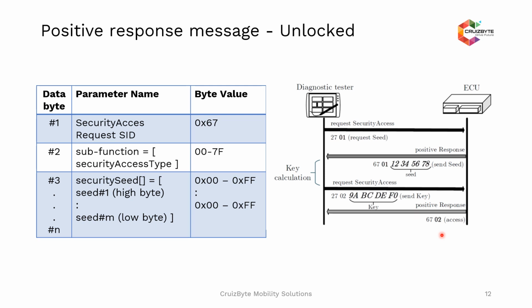The third step is one more request from the tester to the ECU with the calculated key, and the fourth step is the verification of the calculated key against the key generated internally in the ECU. If it is passed, the positive response as the fourth step is given back to the diagnostic tester, informing that the ECU is unlocked to perform further actions.